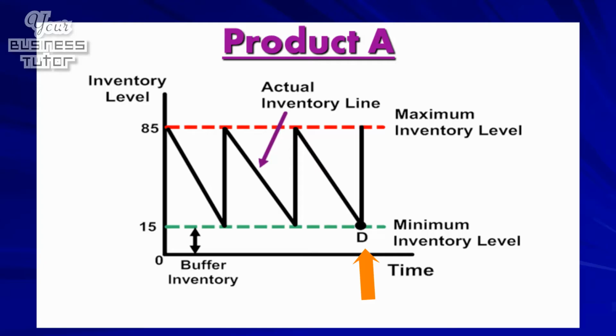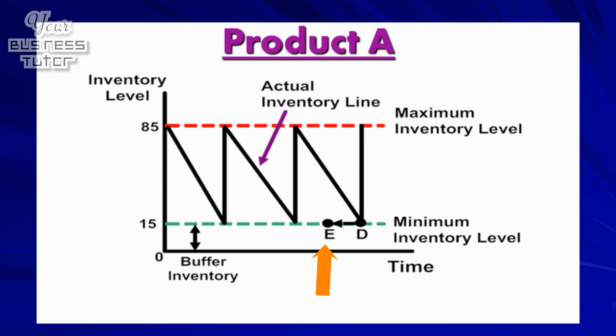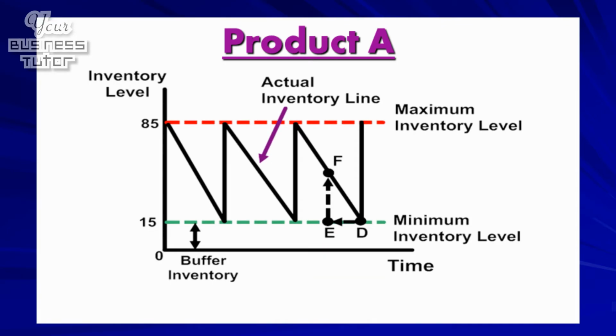Based on this, a business can then calculate its reorder inventory level by looking at where the actual inventory line hits the minimum boundary at point D, and then working back 5 days to point E, before moving vertically upwards until the actual inventory line is re-met at point F.